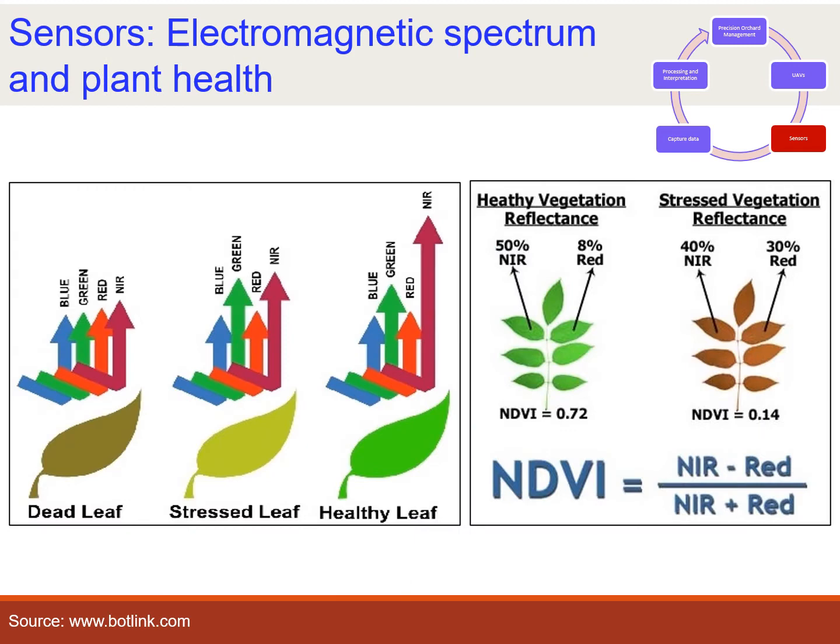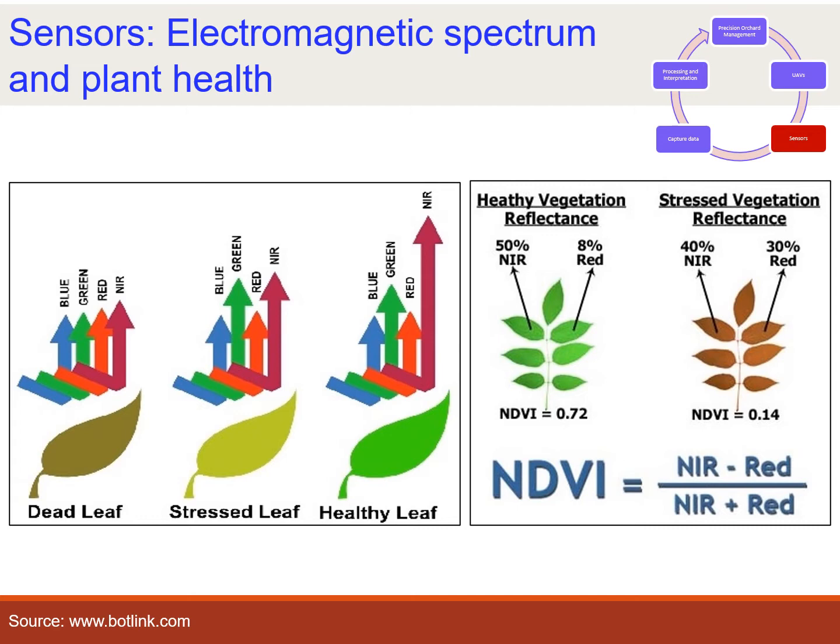In this example, you see there is large reflectance of the near-infrared part of the electromagnetic spectrum in healthy leaves compared to the red part of the electromagnetic spectrum.